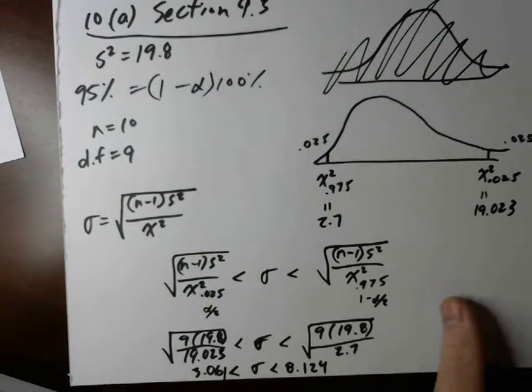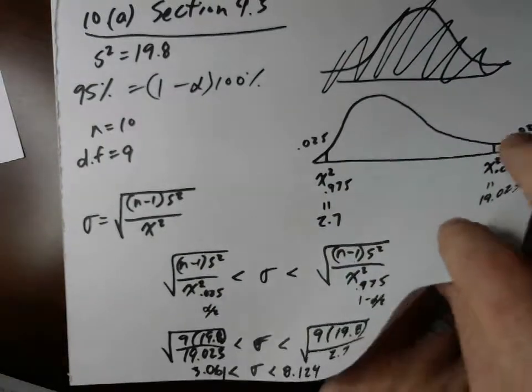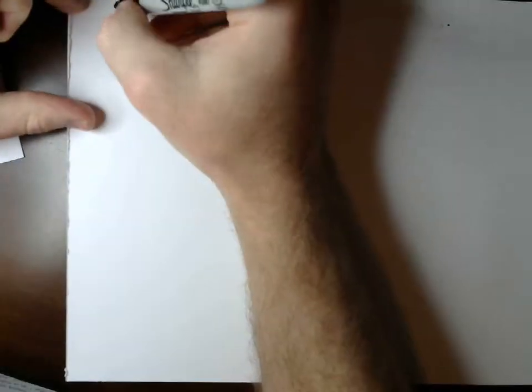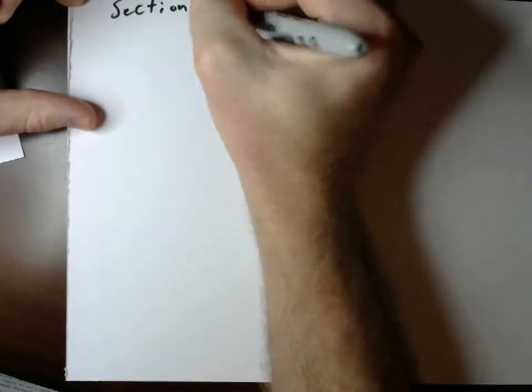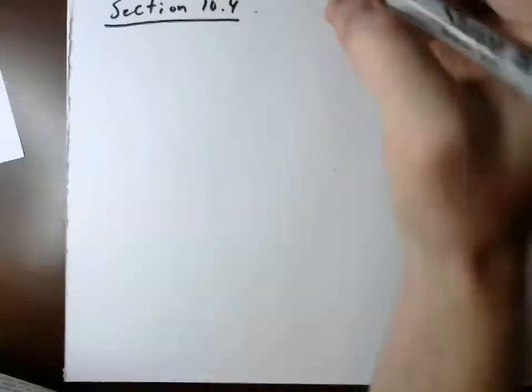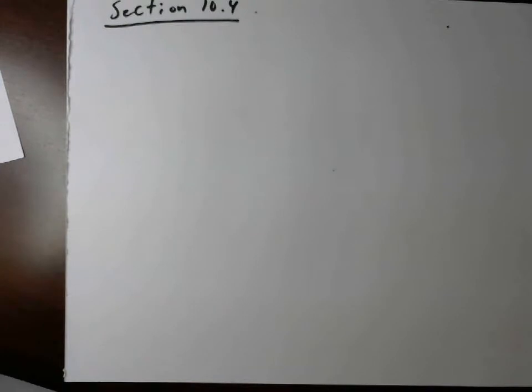So I'll just show you this right now. We're going to go into section 10.4. 10.4 is doing hypothesis testing for sigma. So it uses the same exact equations.